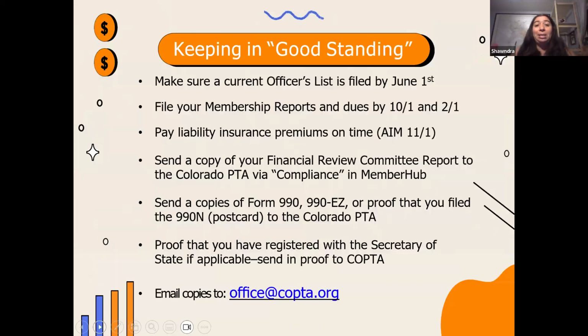All right, keeping in good standing. So this is all still part of that taxes and insurance and all of that. Make sure that a current officers list is filed with the Colorado PTA by June 1st. This isn't necessarily a thing that falls on the treasurer, but as a board, the board needs to ensure that this is uploaded by June 1st.